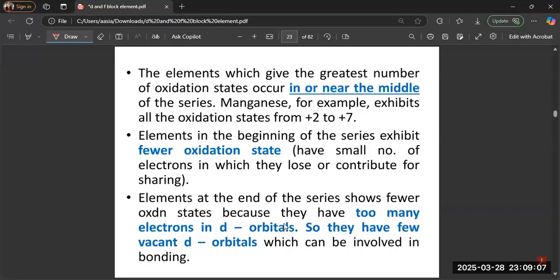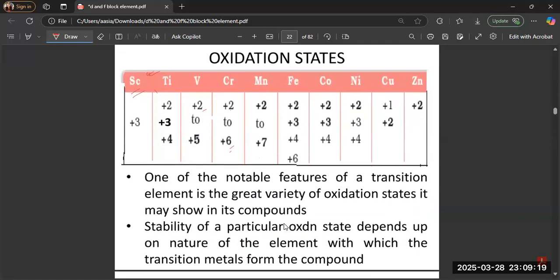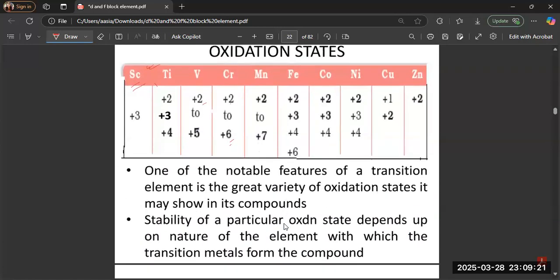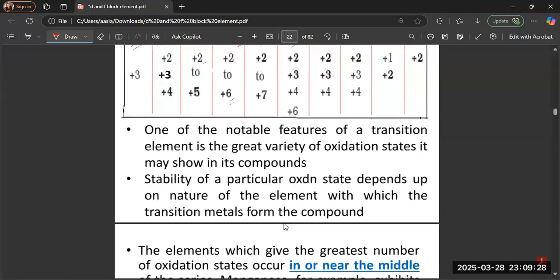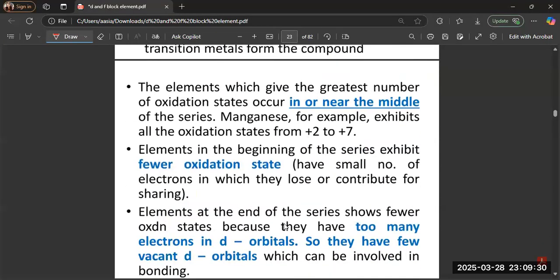Now see, the elements which give the greatest number of oxidation states occur in or near the middle of the series, just remember that, like manganese, iron, and chromium. Manganese, for example, exhibits all oxidation states from +2 to +7. So manganese shows a variety of oxidation states.